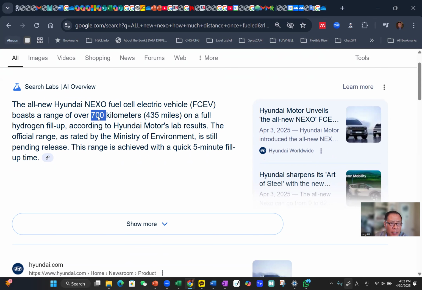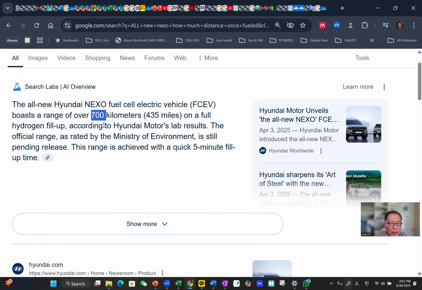So you can see that can be a dream of the hydrogen vehicle. Once charged, you can go like 1,000 kilometers or more than that.